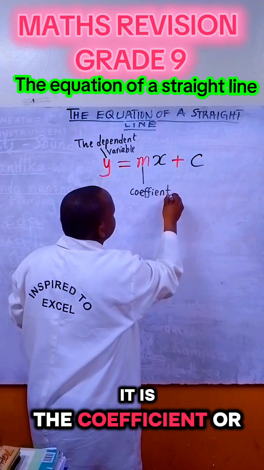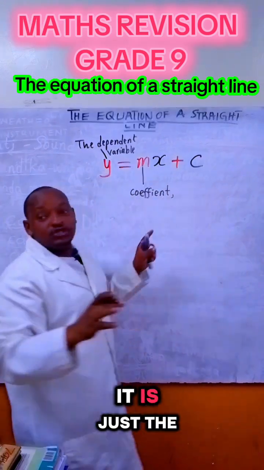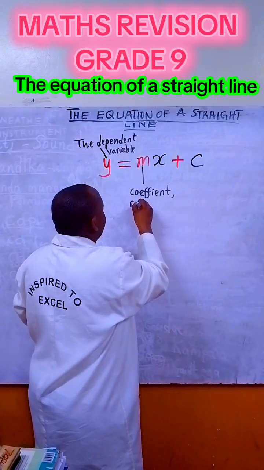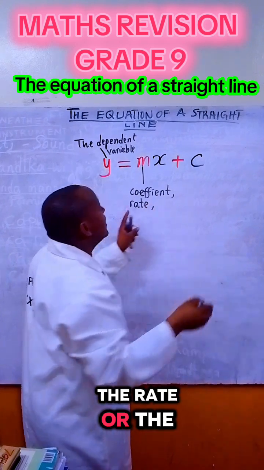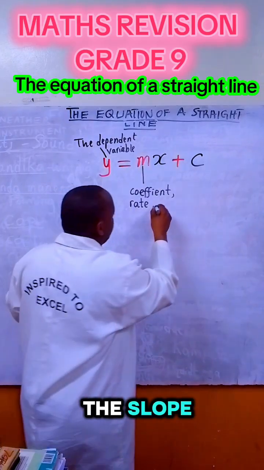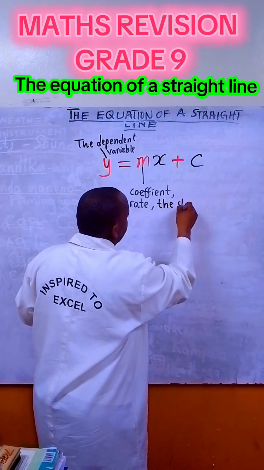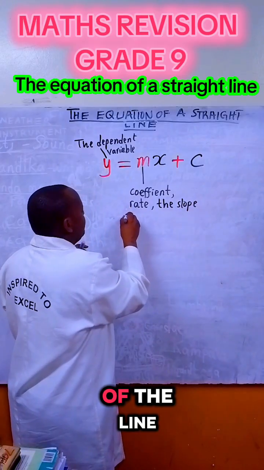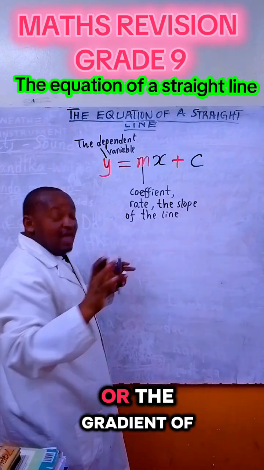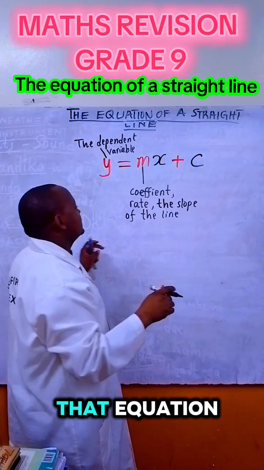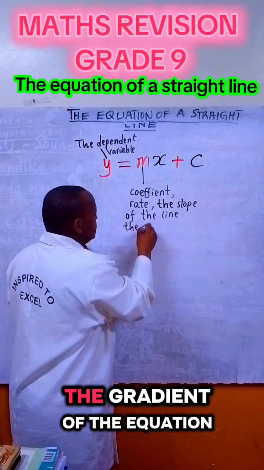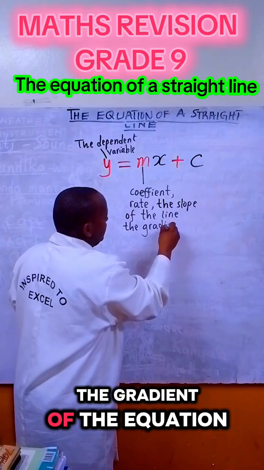It shows the gradient or the slope of the line, or the gradient of that equation.